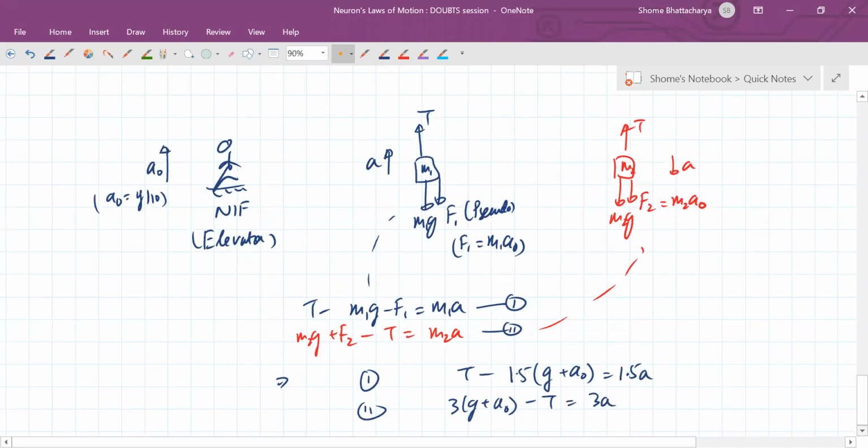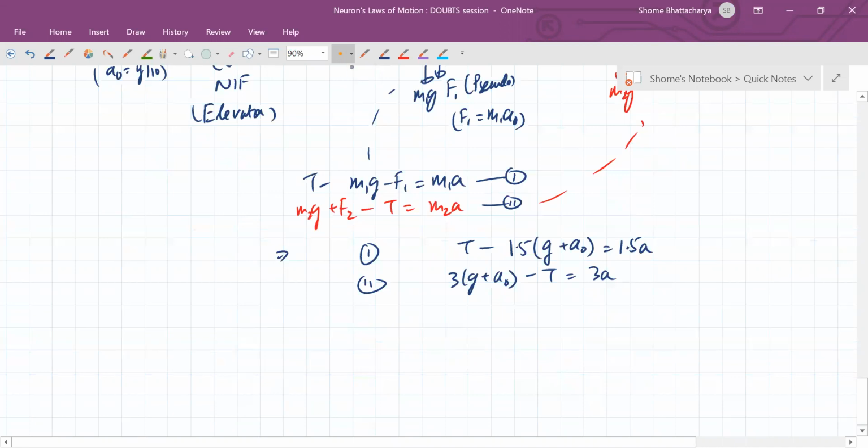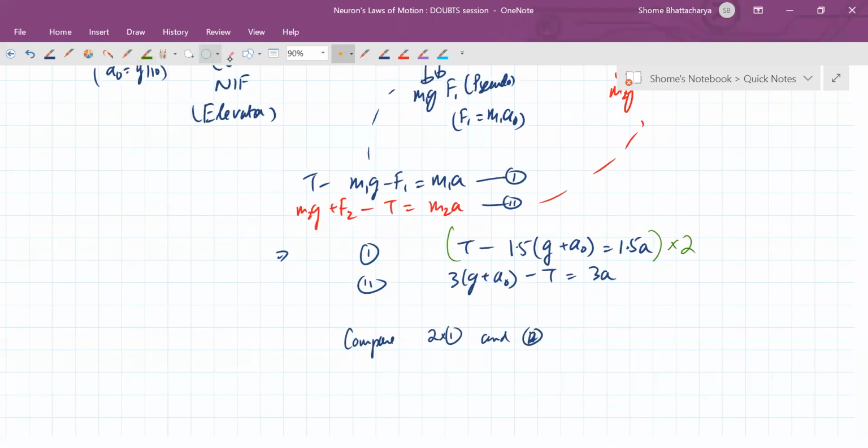So now to get the value of tension, what we can do is multiply this whole equation by 2 and compare the two of them. So compare 2 times equation 1 and equation 2. If you compare these two equations, the right hand side is the same, 3a.